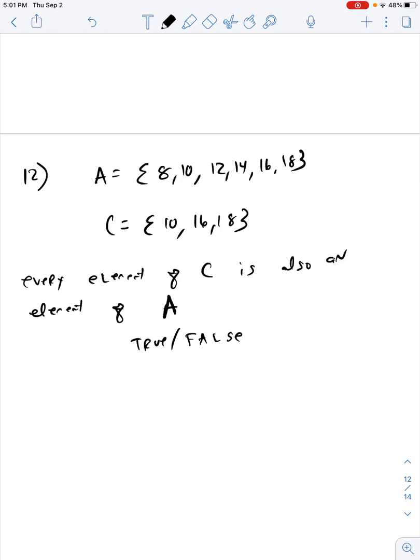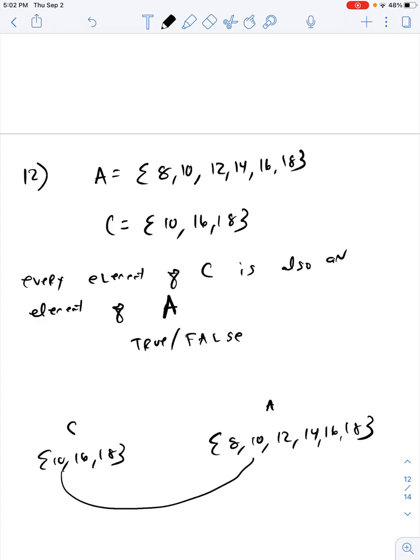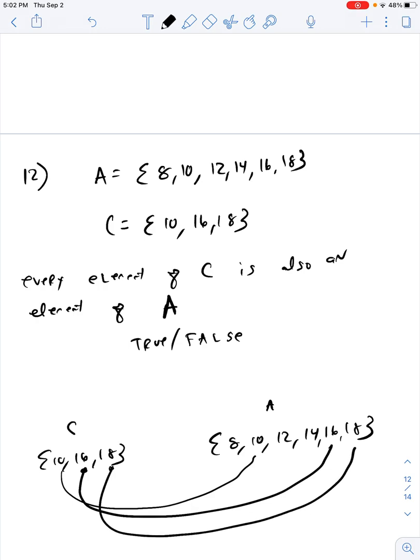Right, so is every element of C also an element of A? Right, so we take a look at C that has 10, 16, 18. We take a look at A that has 8, 10, 12, 14, 16, and 18. We see that 10 is in there. 16 is in C. It's also in there. 18 is in C. It's also in there. So this would be true. That would be true there.